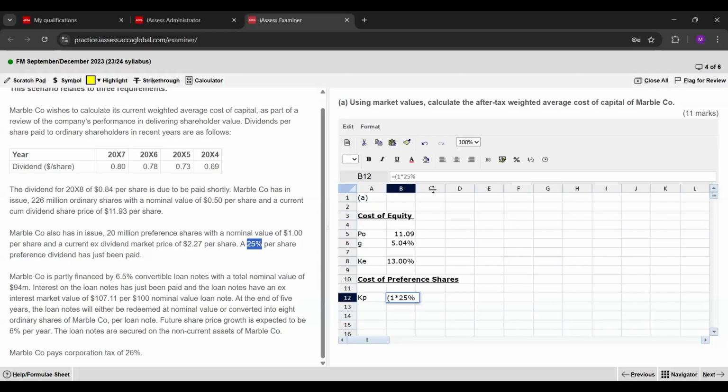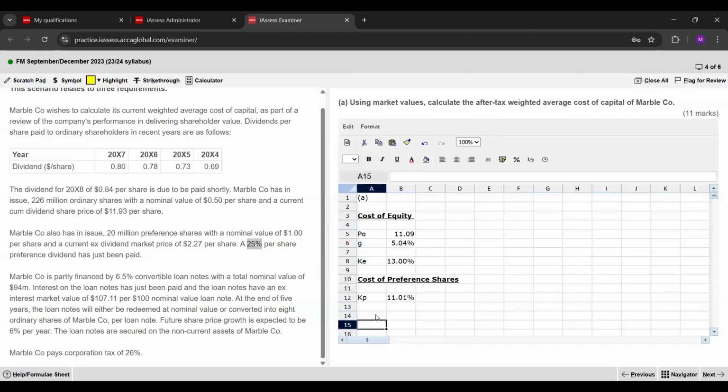You are not supposed to do that, because you have to show the proper working. So either you calculate the preference share dividend separately, or you put it inside the cell itself: $1 into 25% divided by 2.27. What is the cost of preference shares then? 11%.